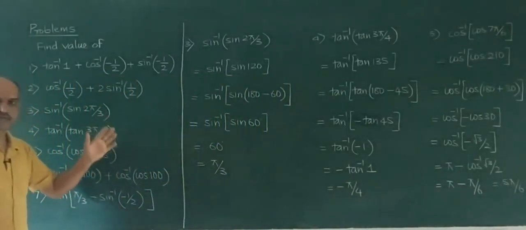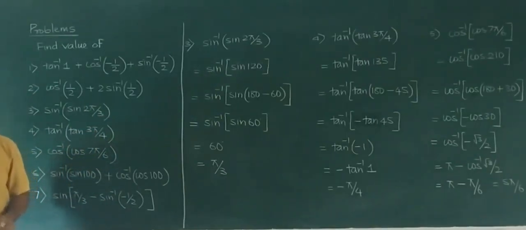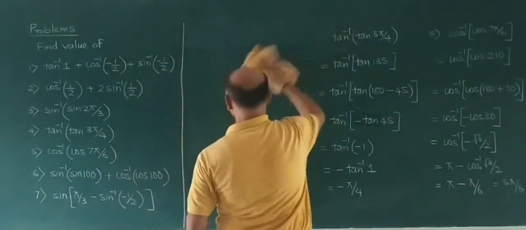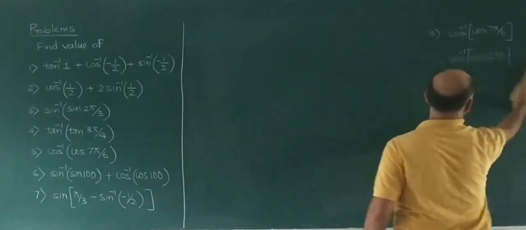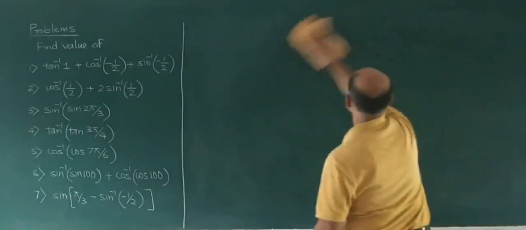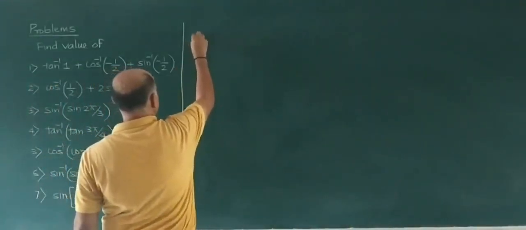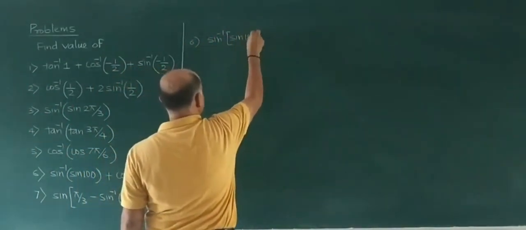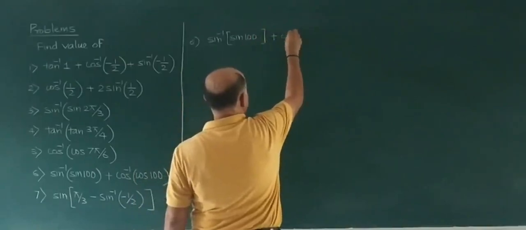So again, students, you can pause and solve those problems. Then I will go for the next, that is the sixth one. Now sixth: sine inverse of sine 100 degree plus cos inverse of cos 100.